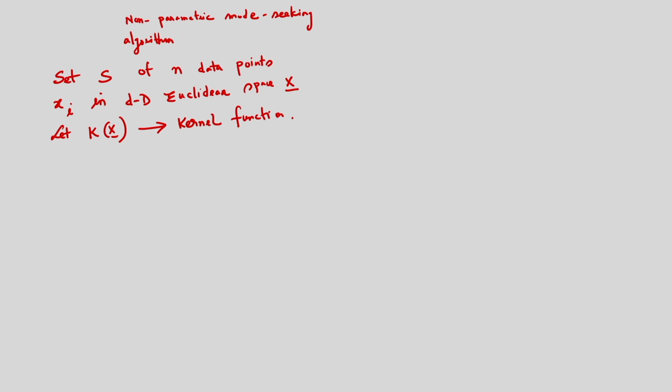Then the sample mean m at x with kernel k can be determined like this. So I can determine the sample mean m(x) with the kernel k, which I have already defined. The sample mean I can determine like this, with i equal to 1 to n, because n data points we are considering.